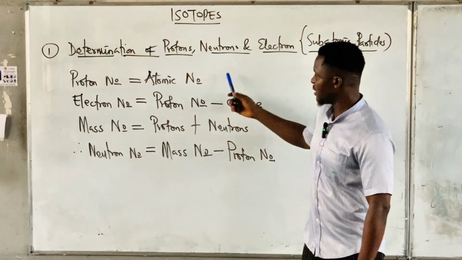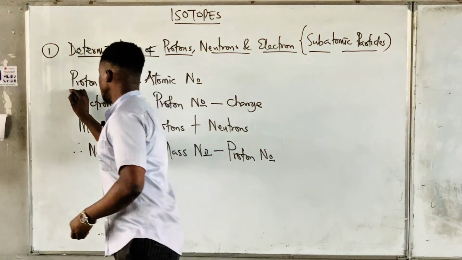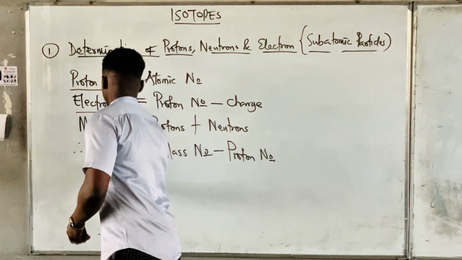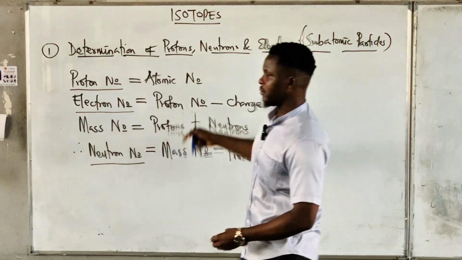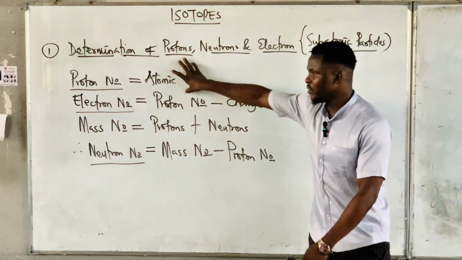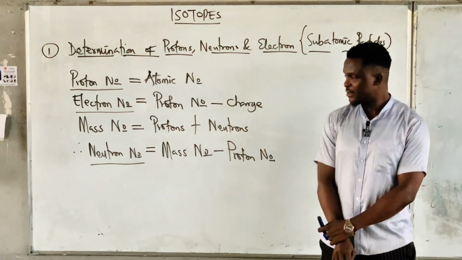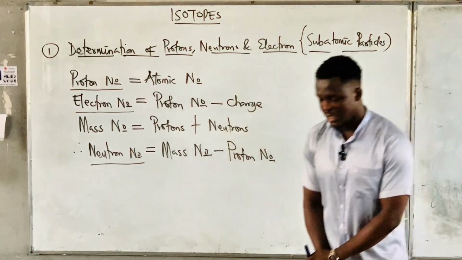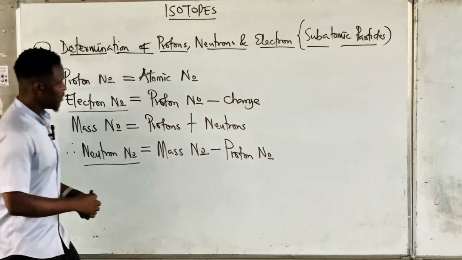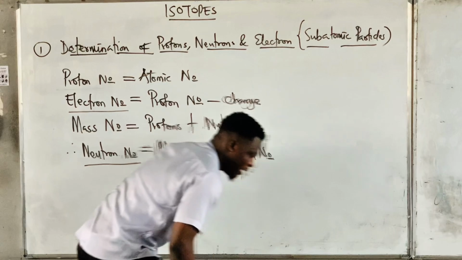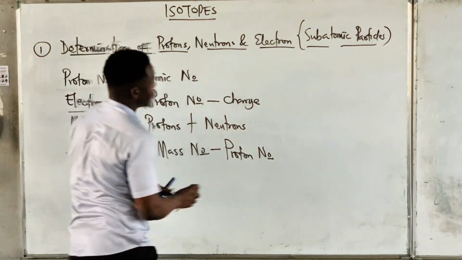With these formulas, all you need to do is locate the various values and substitute them, which I'm going to start with an example afterwards. So please let's write down neutrons.